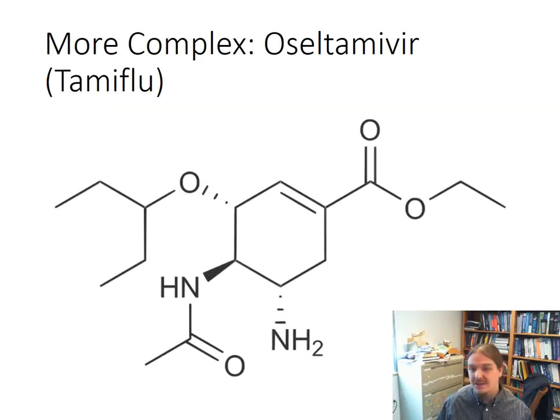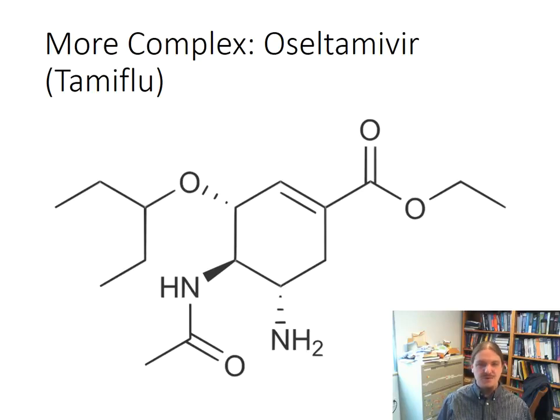There is a more complex synthetic target, oseltamivir, which is appropriate for the time I'm recording this video, which is in the middle of flu season. Oseltamivir is marketed as Tamiflu, an antiviral drug specifically targeted at influenza. Oseltamivir is more complicated than aspirin.